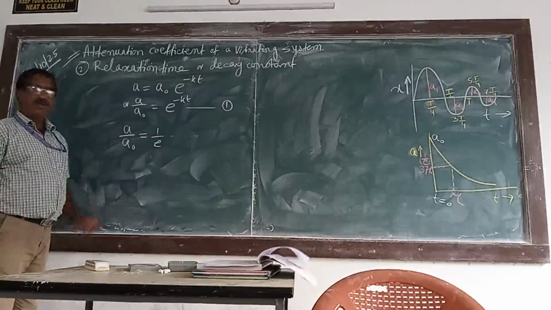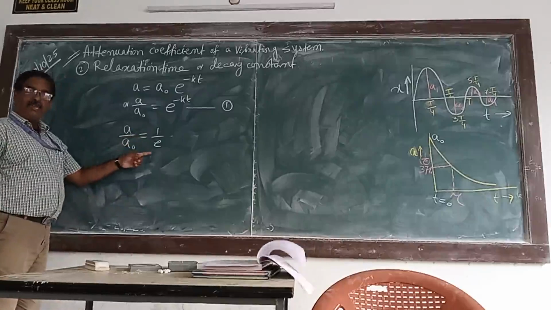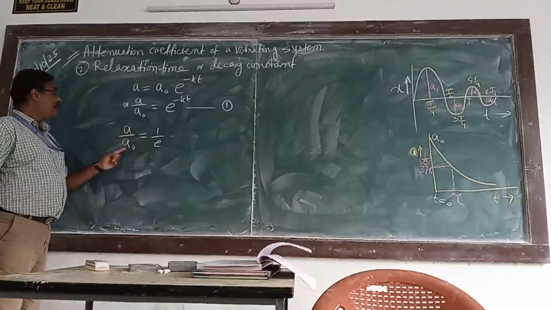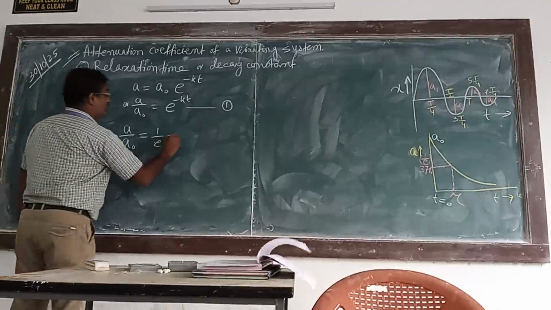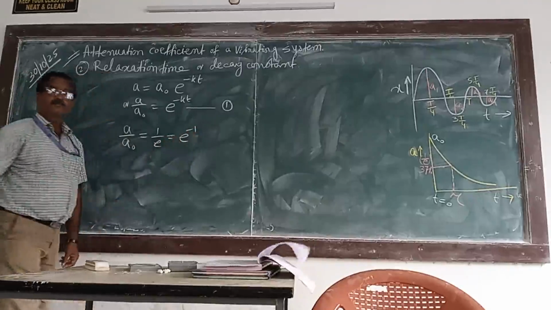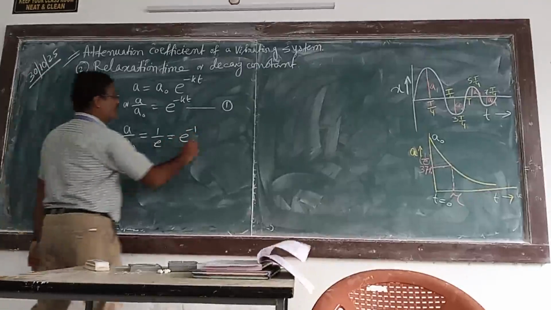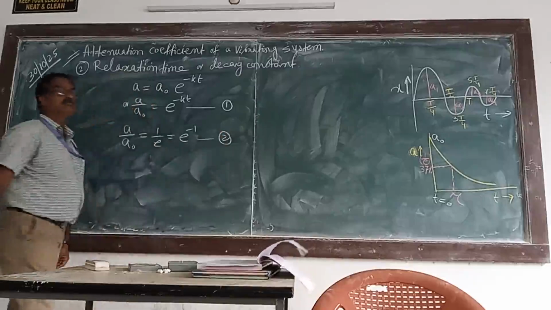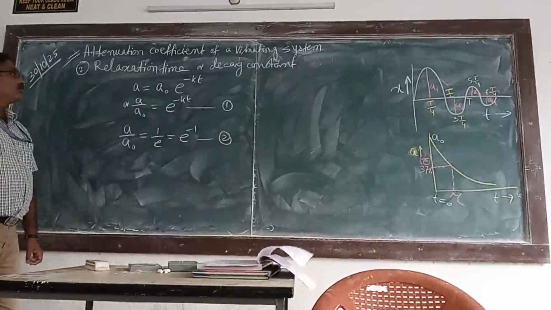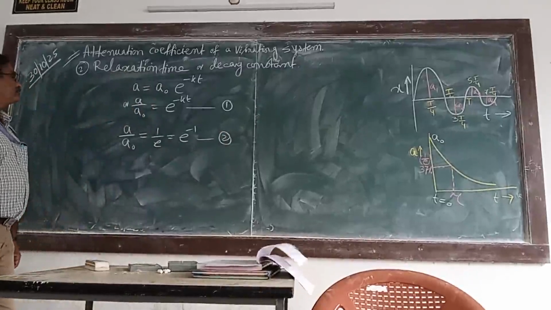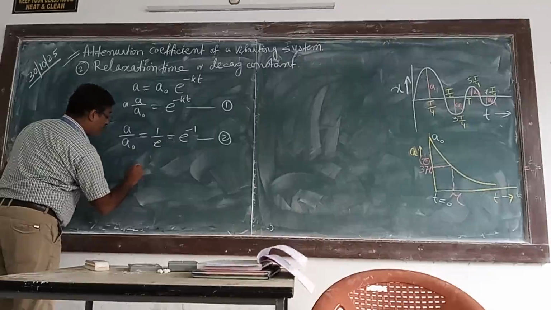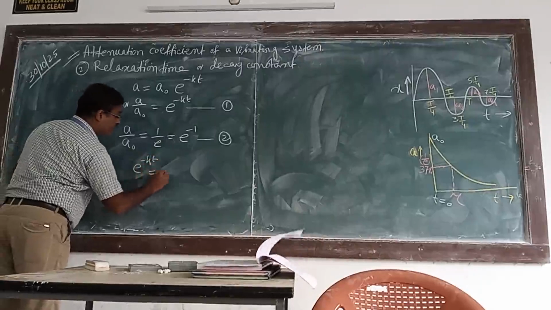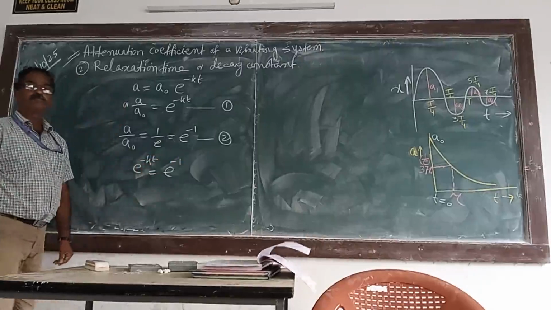Now, by this definition, A equals to A0 by e, that is A by A0 equals to 1 by e, which equals e to the power minus 1. Equation number 2. So from equation 1 and 2 we get e to the power minus kt equals to e to the power minus 1.